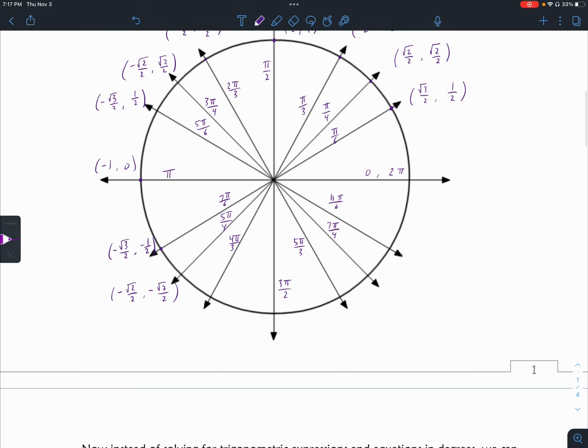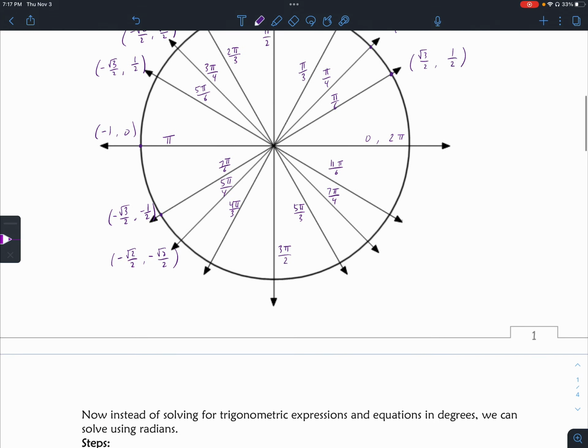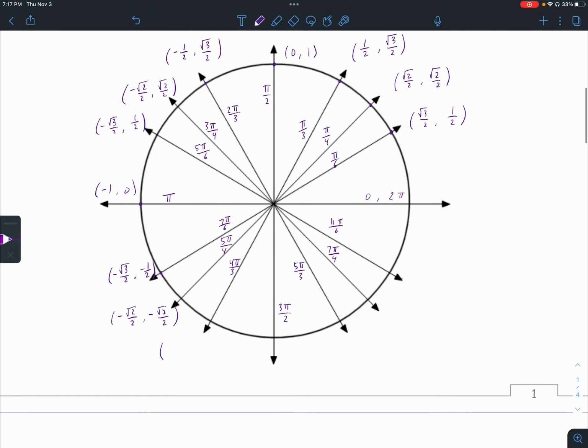So recall both sine and cosine ratios are negative in the third quadrant. Okay, 4 pi over 3. So that is going to be negative 1 over 2 and negative root 3 over 2. Now we're at the bottom of the circle here, which is the second y-intercept here. So that's going to be at 0 and negative 1, telling us that cosine of 3 pi over 2 is 0 and sine of 3 pi over 2 is negative 1.